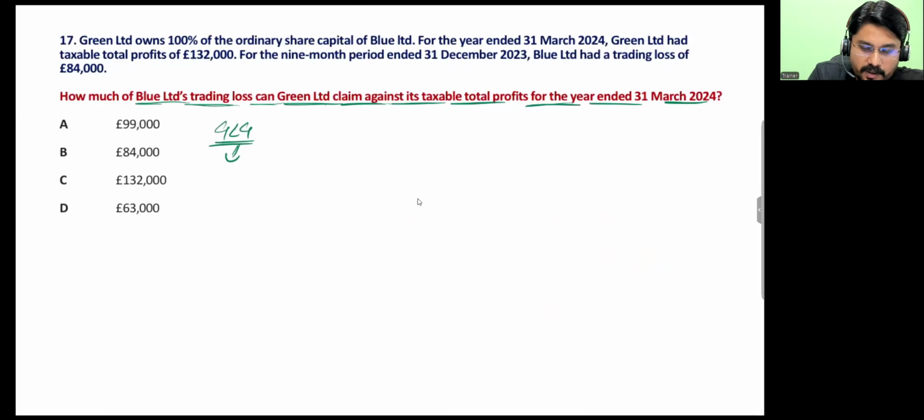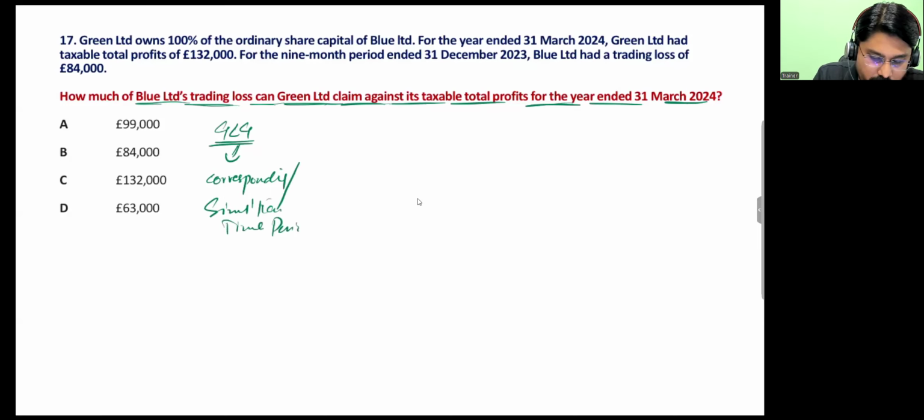For group loss group, there is a concept that the companies in the group loss group can adjust their loss with other group companies. But the loss must be of a corresponding time period, or you can say a similar time period.